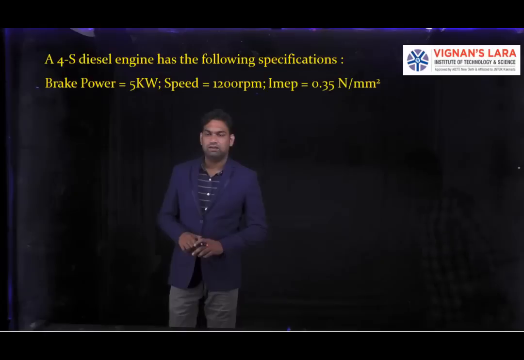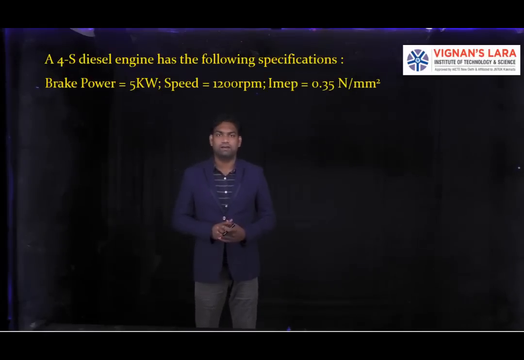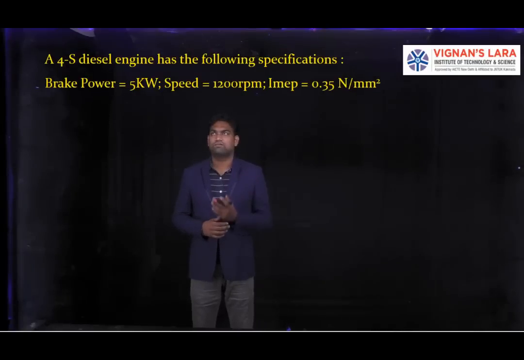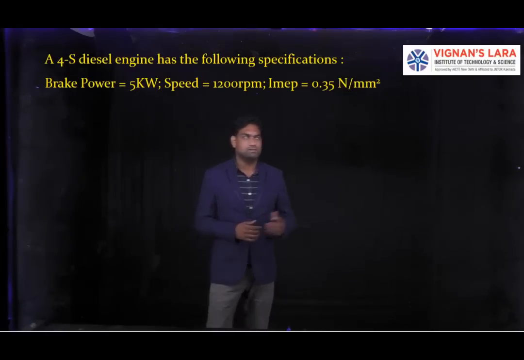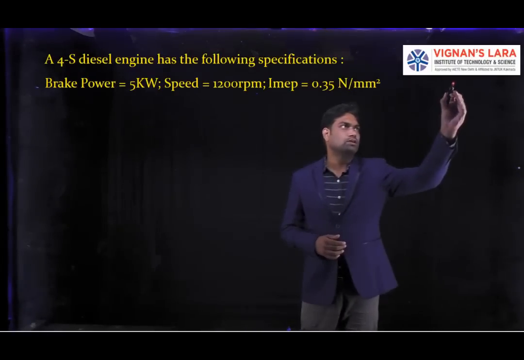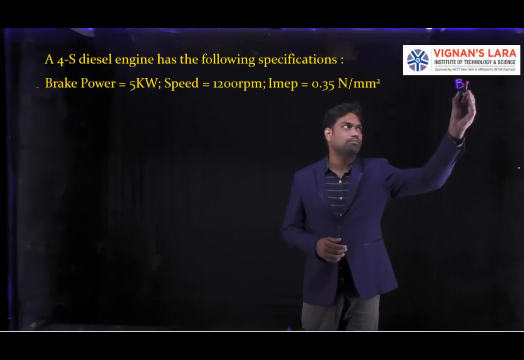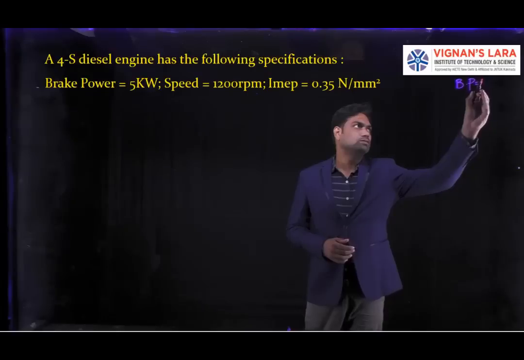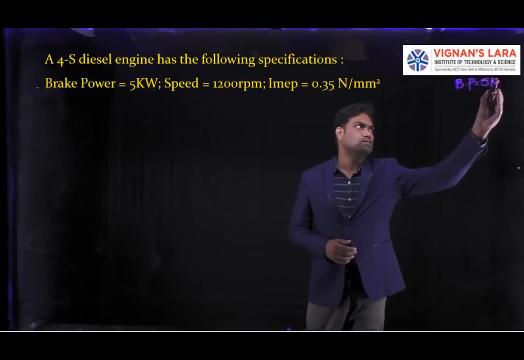Okay, let us see the example problem for design of cylinder. Here it is a 4-stroke diesel engine, with the specifications given. The brake power, denoted by BP, is 5 kilowatts.